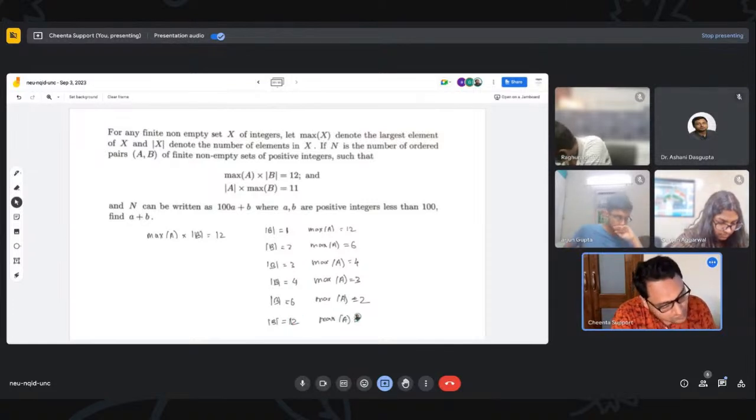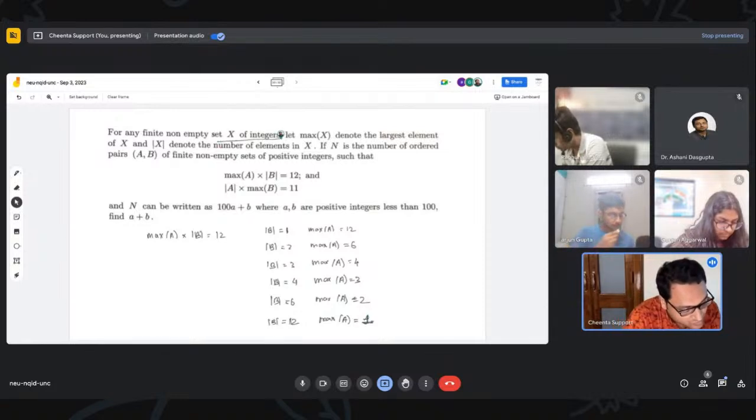Okay, so these are finite non-empty sets of integers.